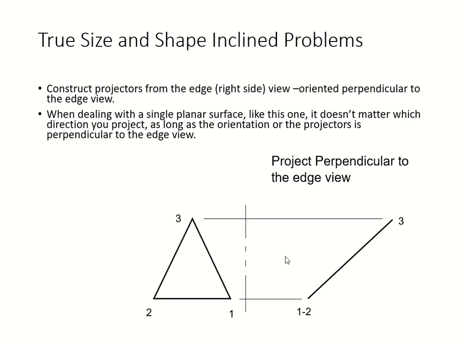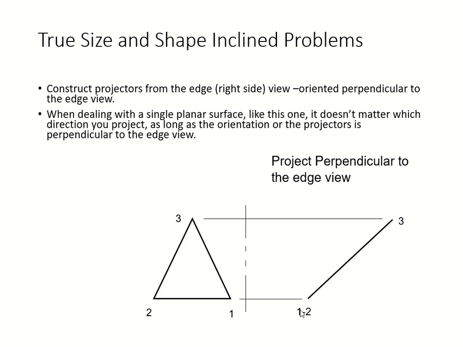Alright, the same thing, true size and shape problem, inclined plane. We have our front view and then your right view. So we start out with the projectors, and that's completely perpendicular to the edge view.